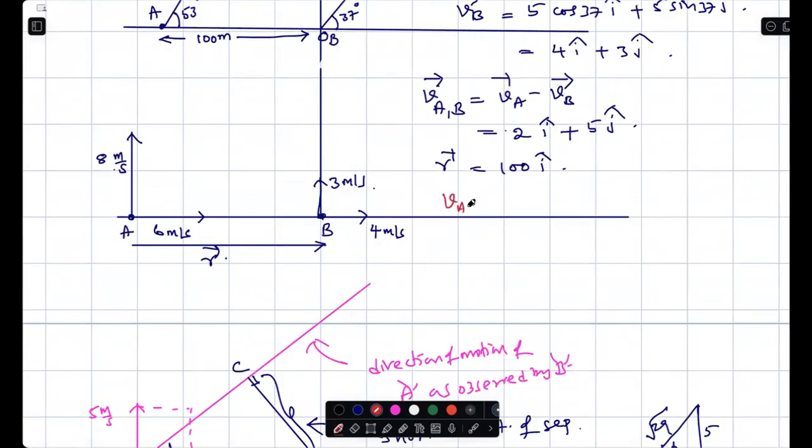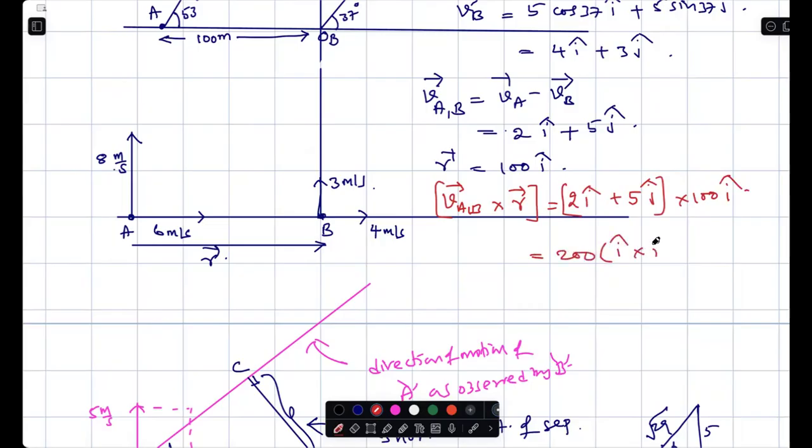See, VAB bar cross R bar is 2 i cap plus 5 j cap cross 100 i cap. This you can write as 2 into 100, 200 i cap cross i cap, plus 5 into 100 j cap cross i cap.